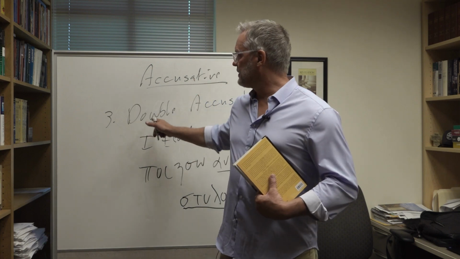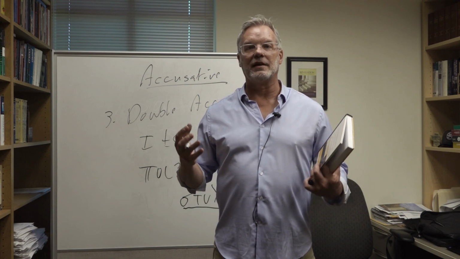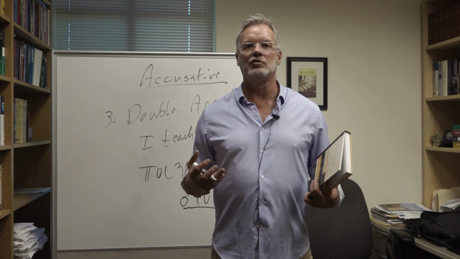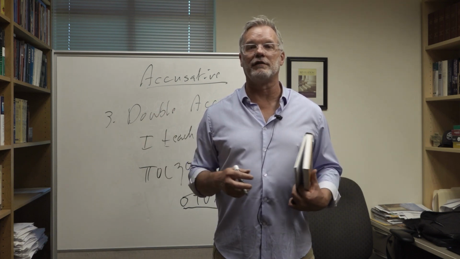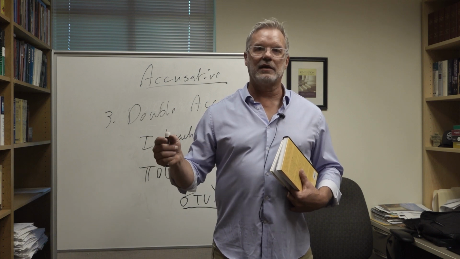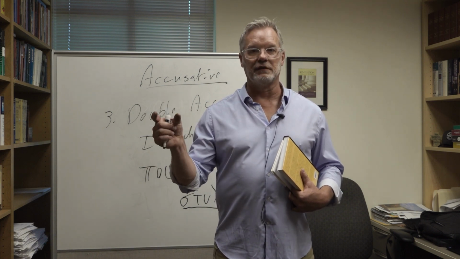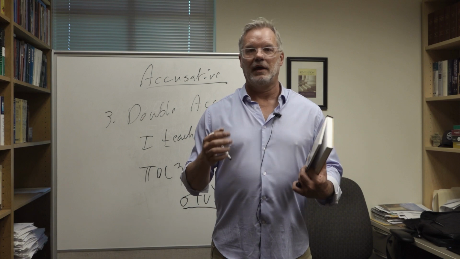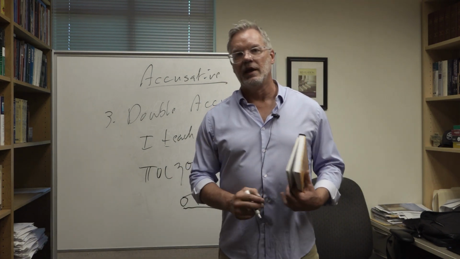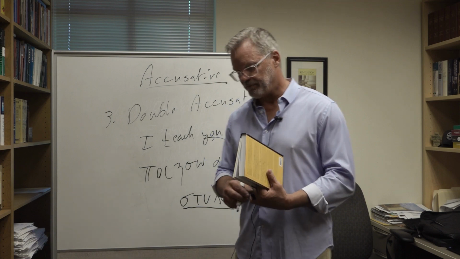This refers to certain verbs like didasko, I teach, or poieo, I do or I make, and a handful of other verbs that don't have to, but they can take two accusatives to complete them. And this is a good example from Revelation chapter 3 and verse 12.